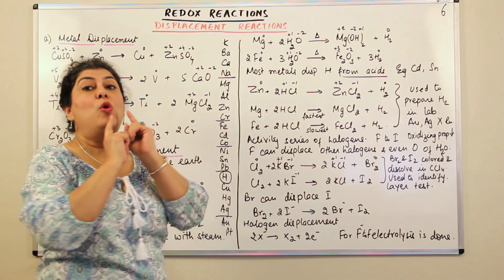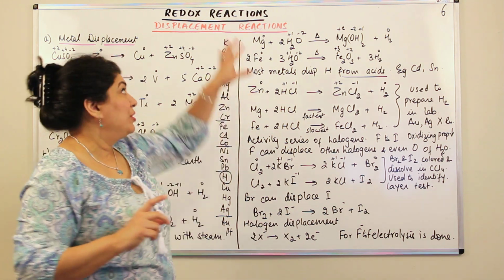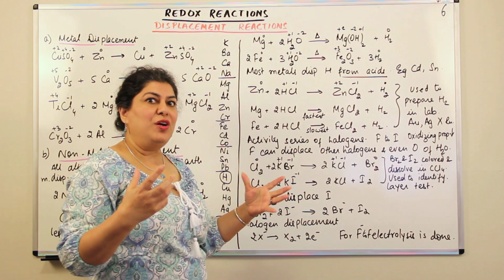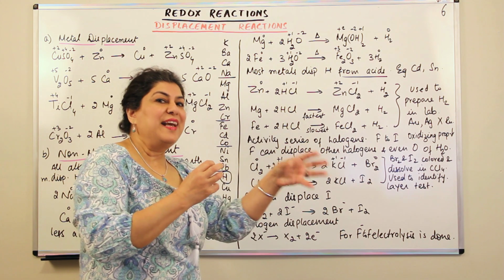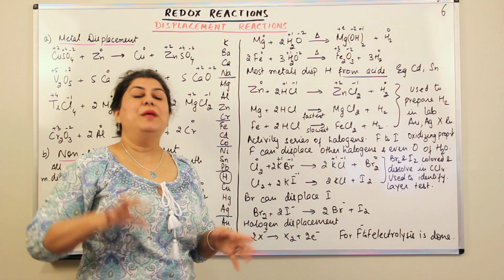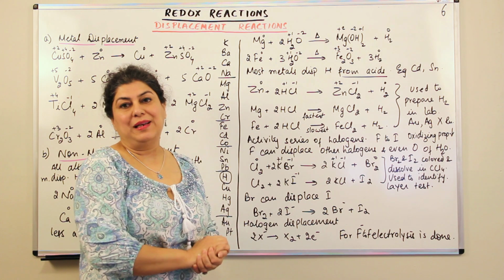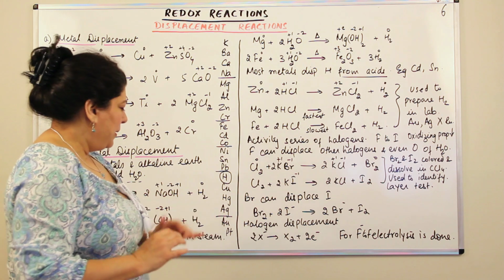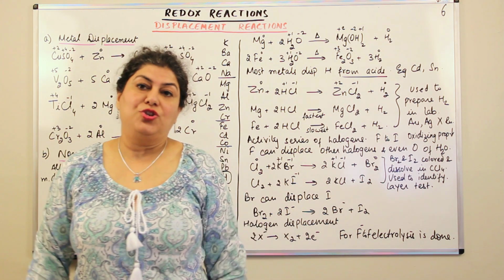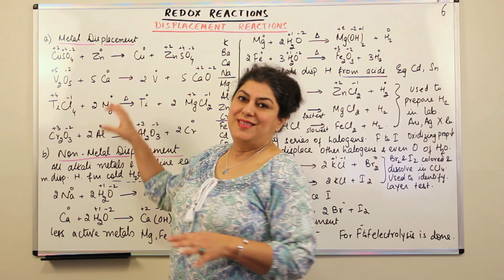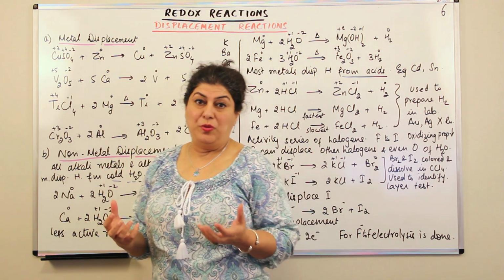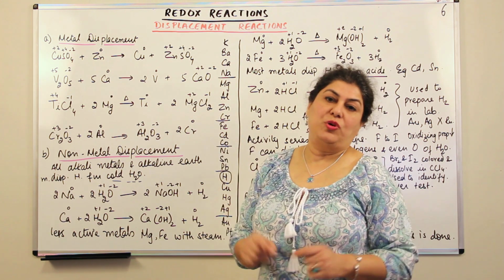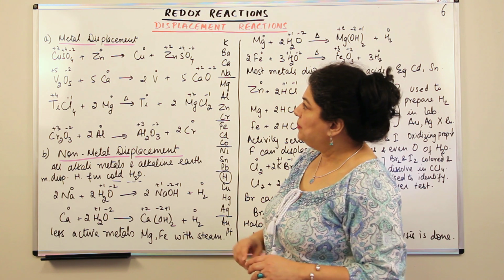The displacement will only take place if the free metal is higher in the reactivity series, and therefore it is stronger, it is a better friend of that negative ion, and therefore it would have the ability to displace that other metal and take its place, right? So this is just one part which I felt is really important to memorize. Although right now to understand redox reactions it may not be very important, in terms of your study of chemistry it is really important to memorize the activity series.